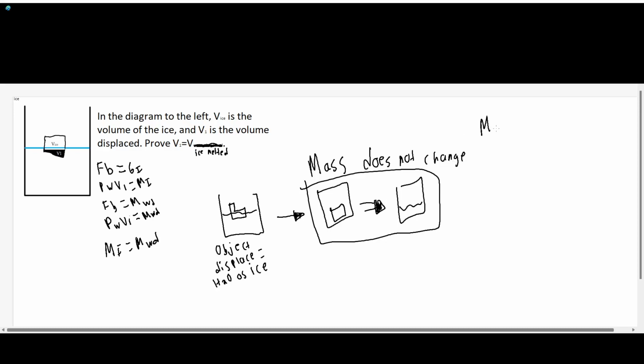Therefore, mass of ice is equal to mass of ice melted. Okay. Now, let's think about it this way. Mass of ice is equal to rho water times volume of water melted, or ice melted, actually, in this case.